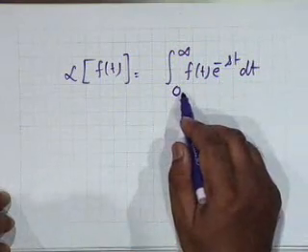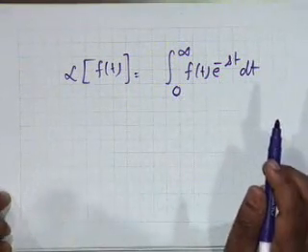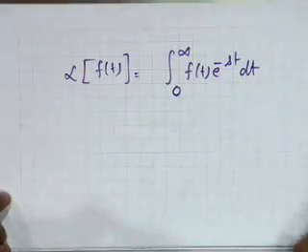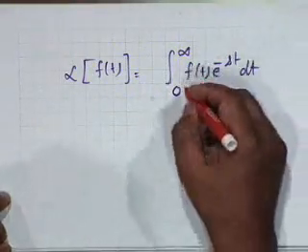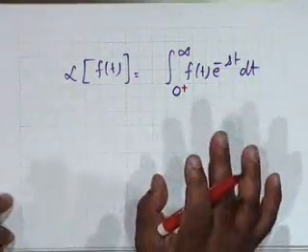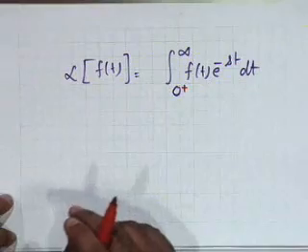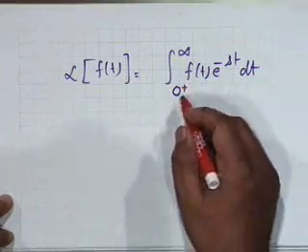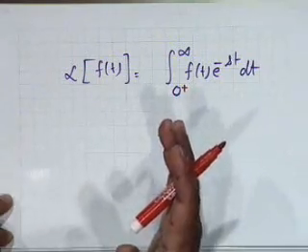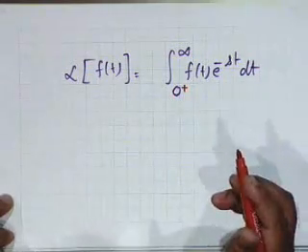And this 0 is to be interpreted as 0 plus, because for 0 minus the function is identically equal to 0. Is this point clear? This 0 is 0 plus. Why did this lower limit change? Because the function is one sided, it exists only for t greater than 0.